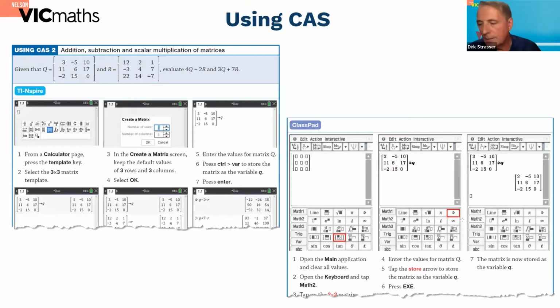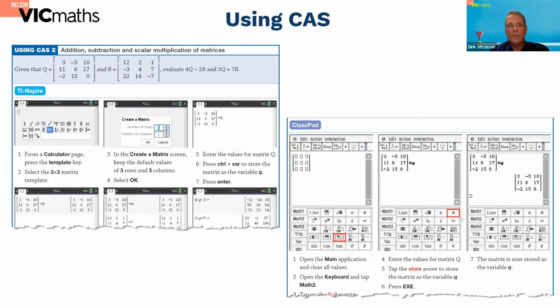Of course, most matrix calculations, particularly once you get past 2 by 2 matrices, are done by using CAS. So we've done a very succinct way of looking at using CAS, because it's important. Students need to be able to do this. They're not going to be able to answer the questions in the exam unless they're really efficient in their use of their CAS.